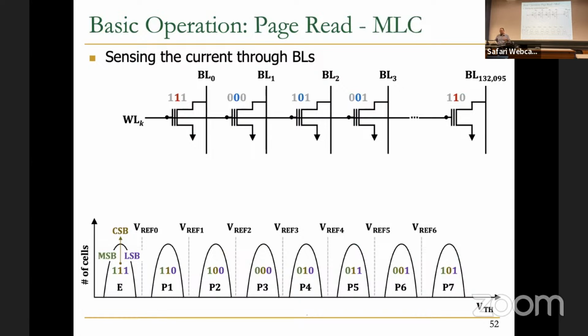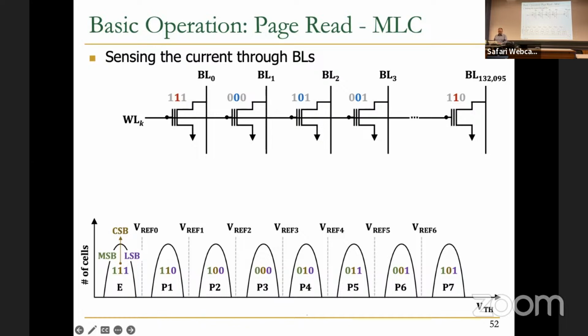So now let's see how we can read in an MLC cell. Assuming that we have a TLC here, which, I mean, the whole category is called MLC, multiple level cell, but this example is actually TLC, triple level cell, which has essentially 3 bits per cell.